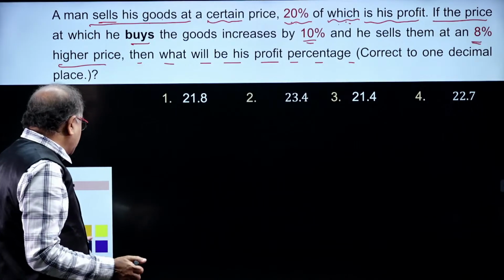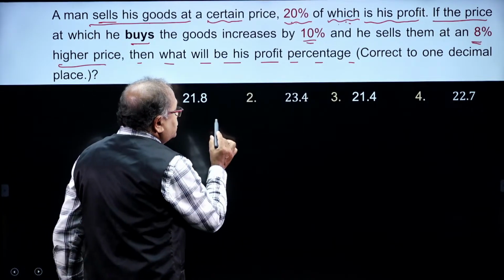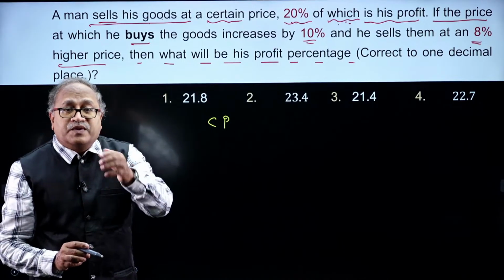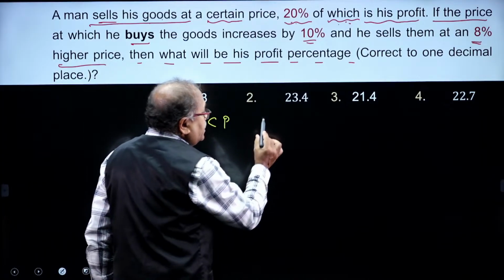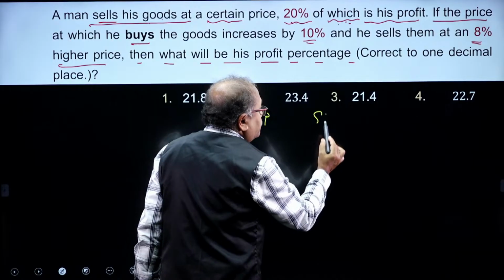Look at the way the question has to be answered. Here I will consider first CP. In a question like this, whenever there is a change in the cost price, there is a change in the selling price. So we write down here cost price, here profit or loss, and here selling price.